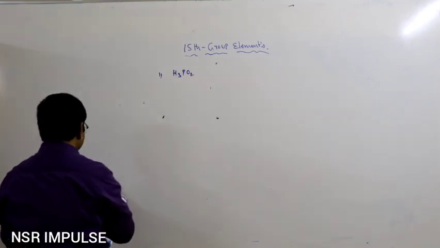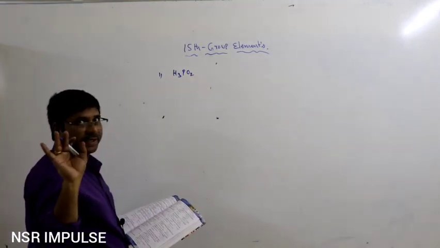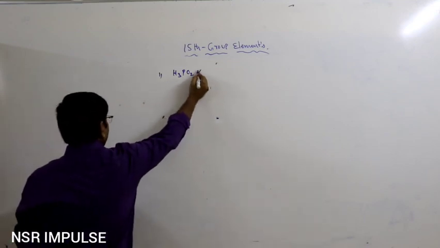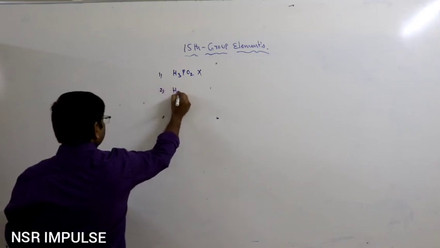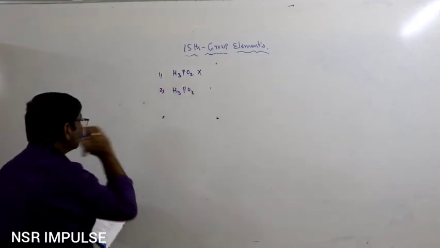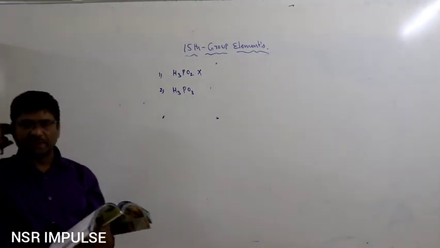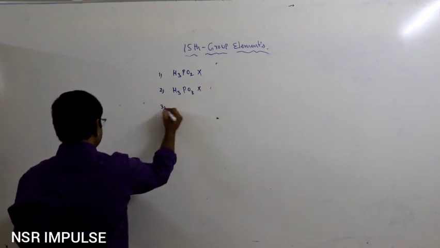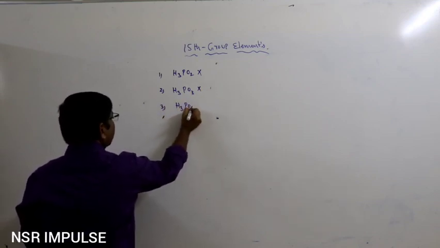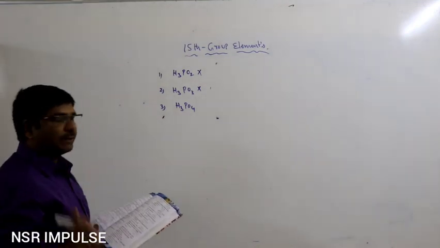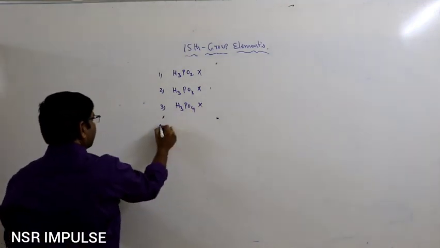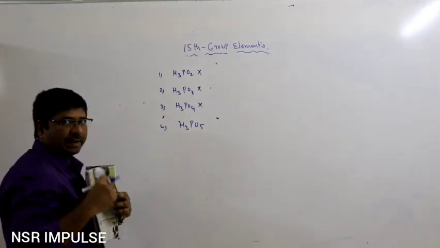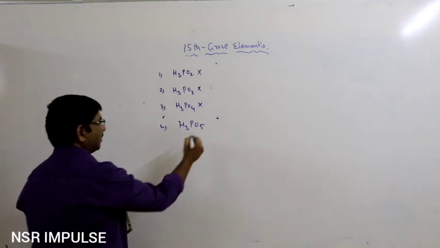H3PO2 means at least 3 hydrogens, 3 OH required for tribasicity. It is wrong. Second option is H3PO3. H3PO3 acid basicity, you know how much it is? 2 only, not 3. It is also wrong. Third option H3PO4. It is 3 possible but no peroxy bond. Wrong.